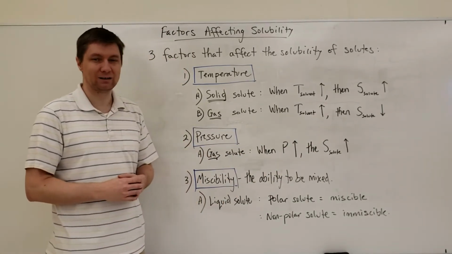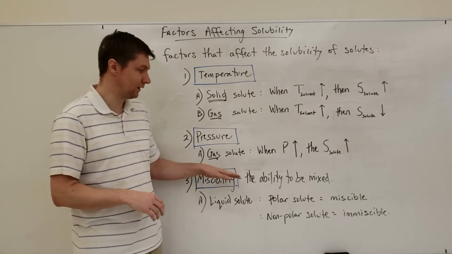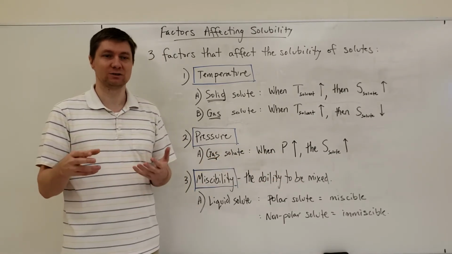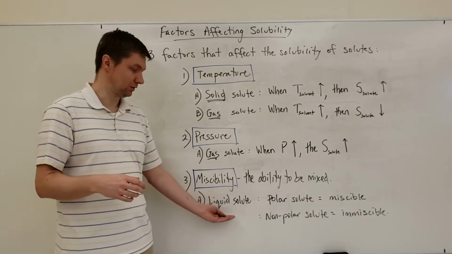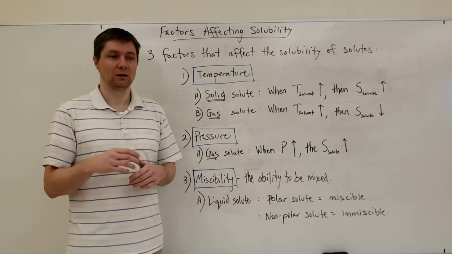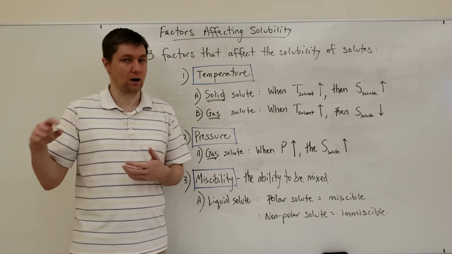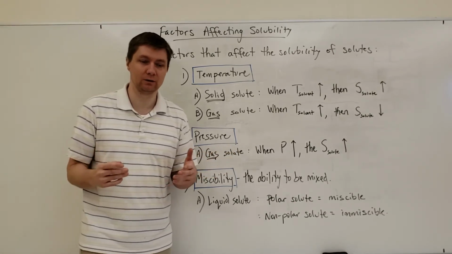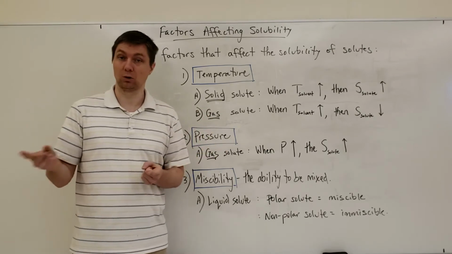Miscibility, this is a little bit of a weird one, is defined as the ability to be mixed. So we have substances like certain liquid solutes that can be mixed with water and some that can't be mixed with water. And this really has to do with, if you remember from the bonding unit, substances being polar or nonpolar.